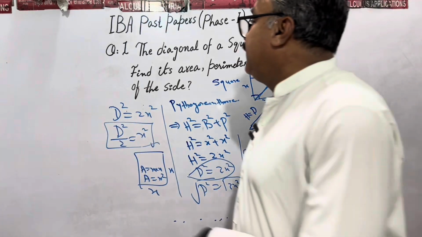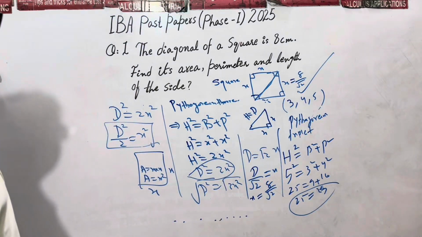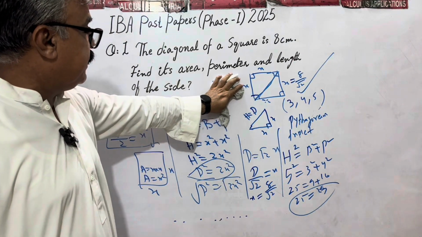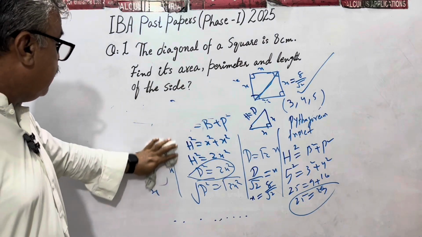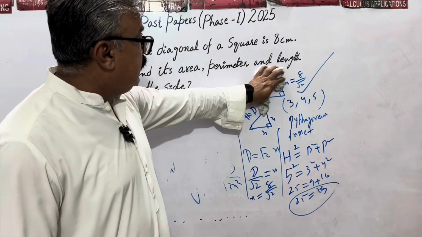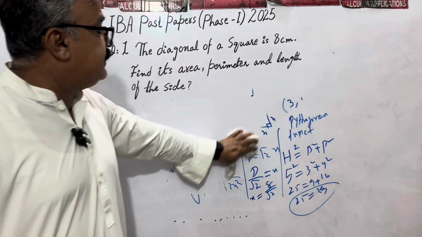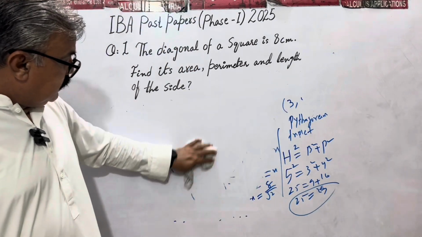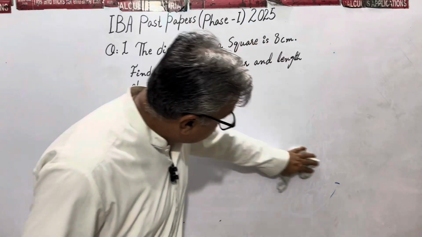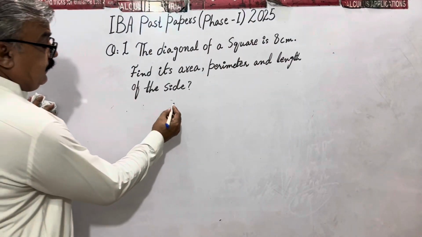Again, let me give you a good overview. You must be familiar with the Pythagorean triplet or Pythagoras theorem, how to apply it, and the mechanics of a square, where all sides are equal.